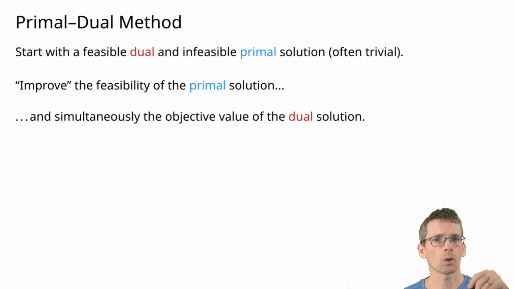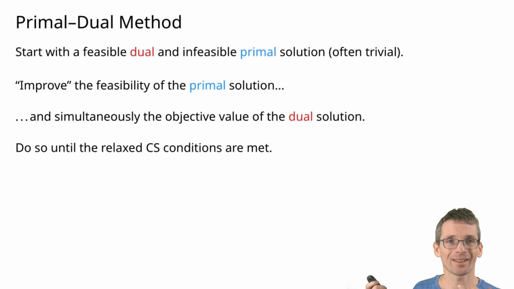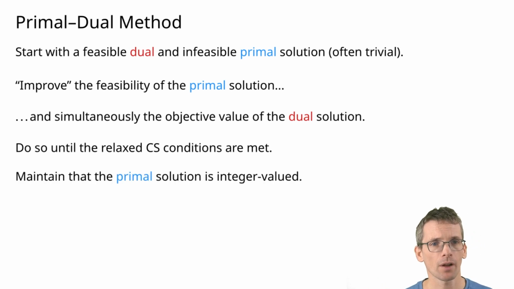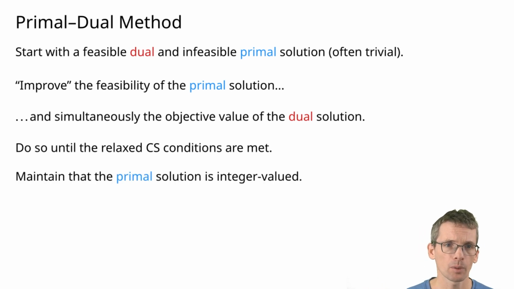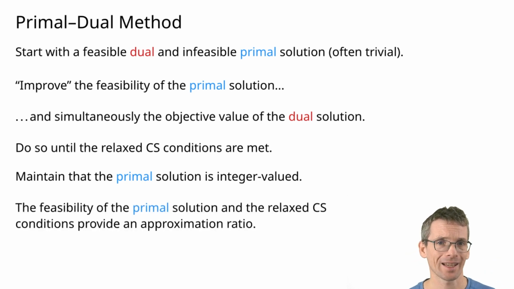We will do so until we have achieved relaxed complementary slackness. While doing so, we always make sure that the primal solution is integer valued, and then we'll have a feasible solution to the primal problem with relaxed complementary slackness. And as we've just seen, this then guarantees me that I actually have an approximation.